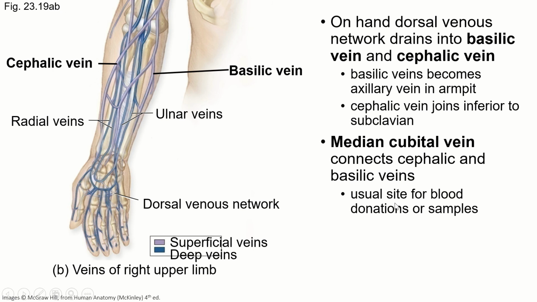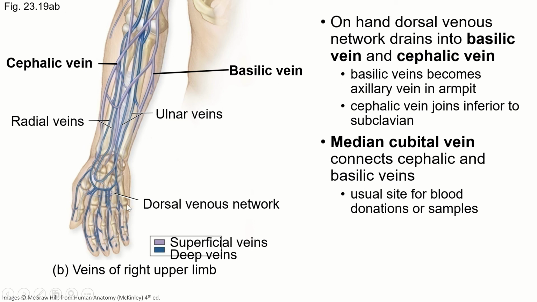Now, the venous flow back up through the arm to the superior vena cava is a little different. And we're going to see this a lot in the body where the venous circulation is slightly different. So on the hand, we have a dorsal venous network and a ventral or palmar venous network.